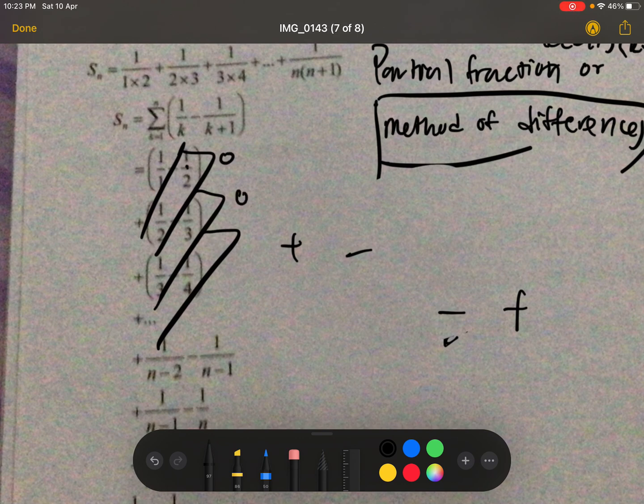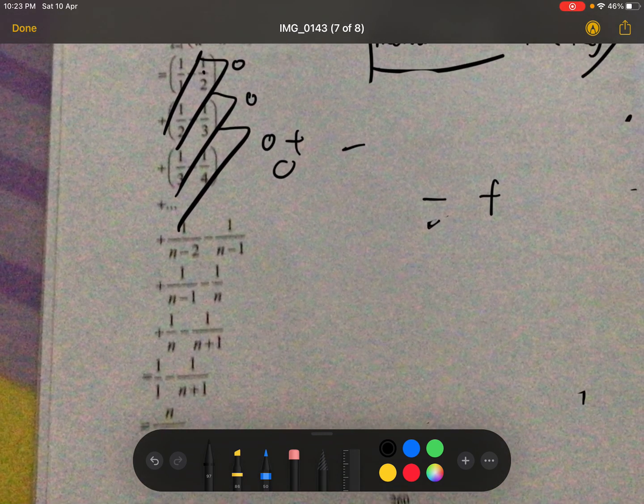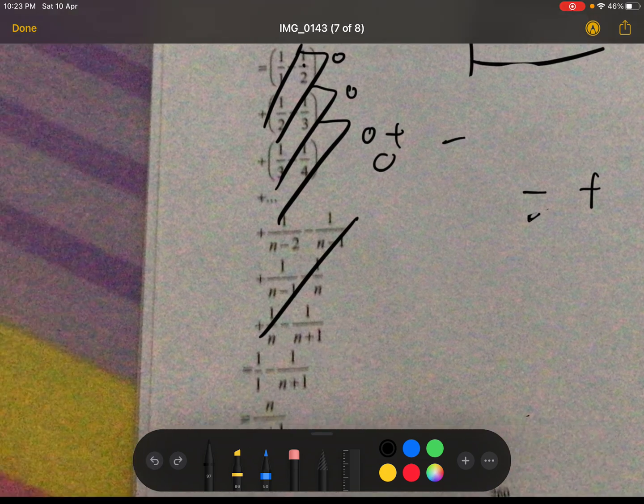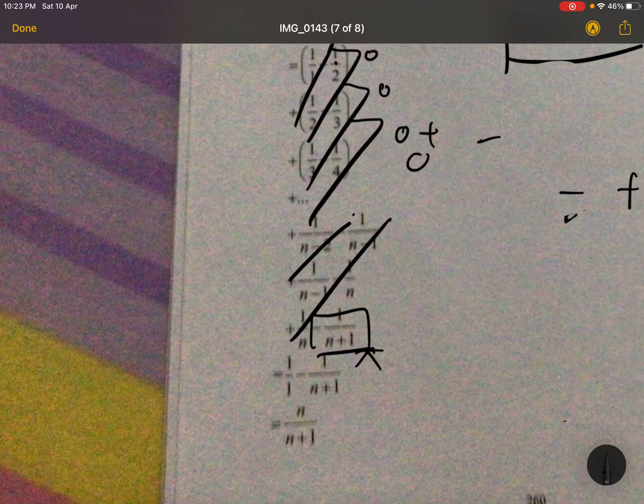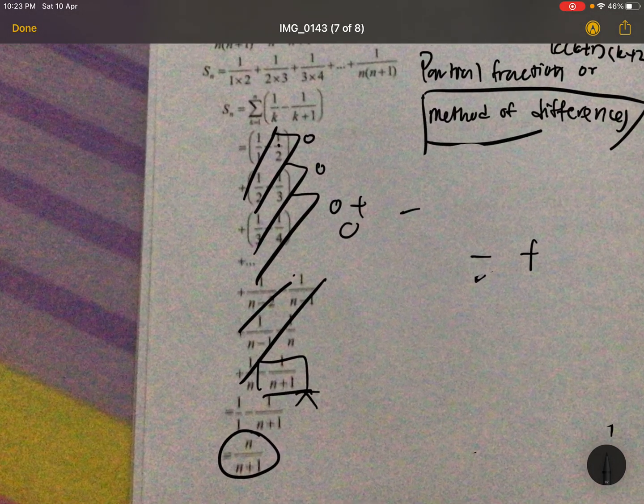Minus 1 over 2 plus 1 over 2 is 0, 0, 0, 0, all the way until here. So the only thing left is 1 and this last term. So it'll be 1 minus 1 over n plus 1. Then your final answer is n over n plus 1.